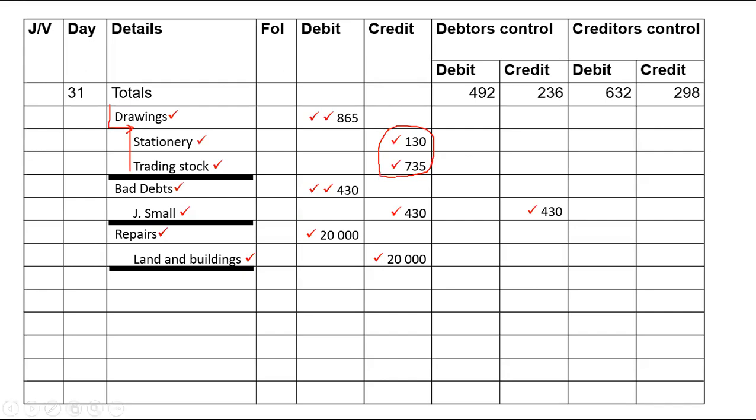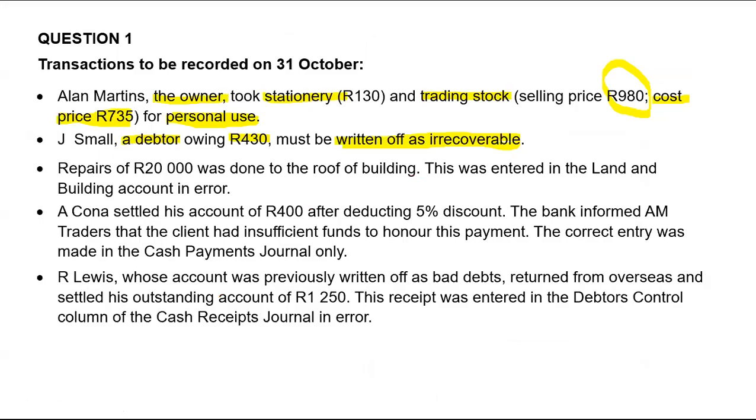All right. Let's go to the next point. The next point says that A corner settled his account of 400 rand after deducting 5% discount. Now, the bank informed AM traders, which is us, that the client had insufficient funds to honor this payment.